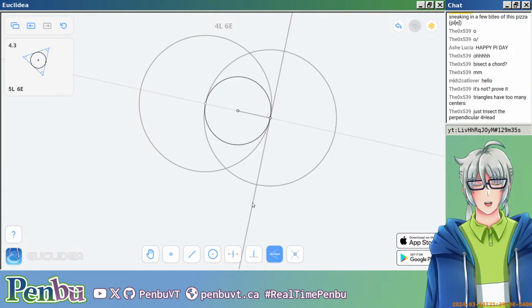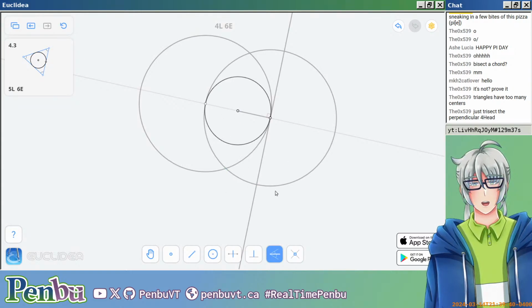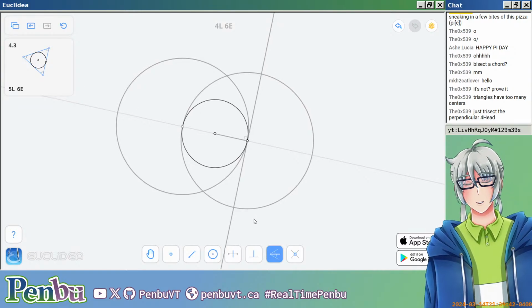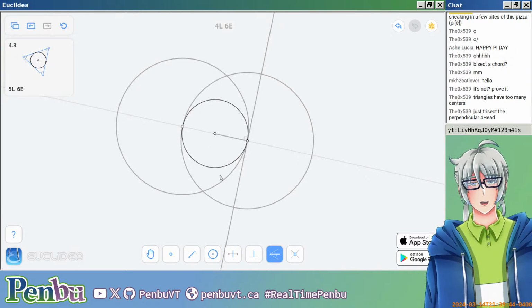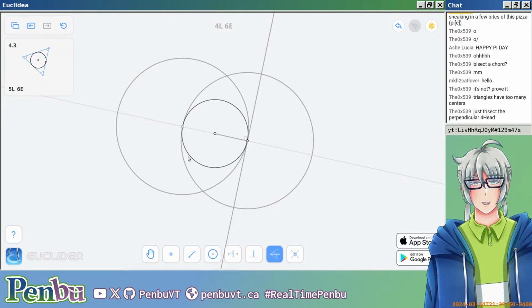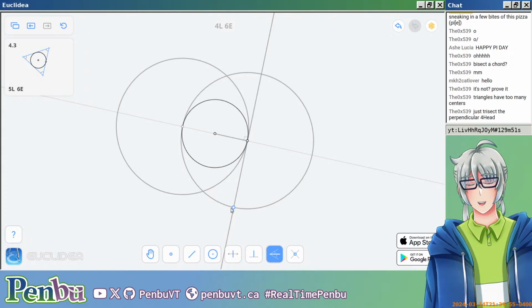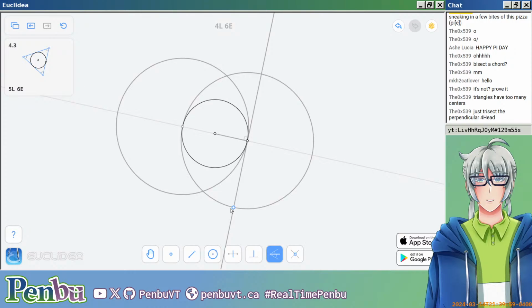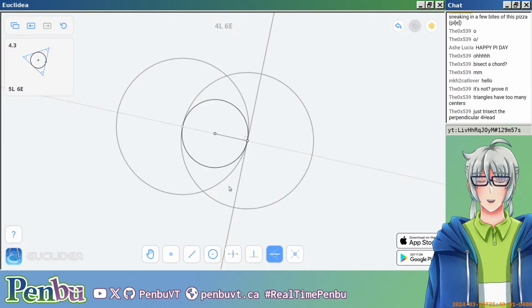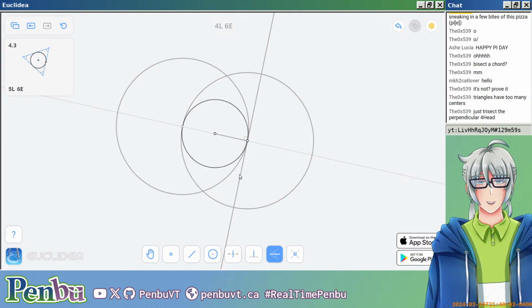So either we create a 60-degree angle here using the previous construction methods that we had, or we try to find the point on the circle that ends up being tangent to this line here, or the tangent that passes through this point, which there is only one. There's only one tangent that passes, or sorry, two. We already have the other one.